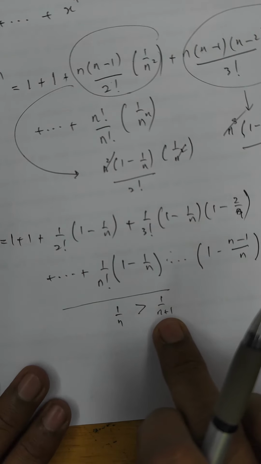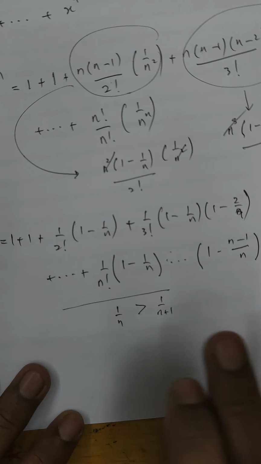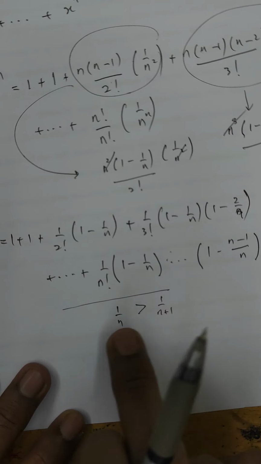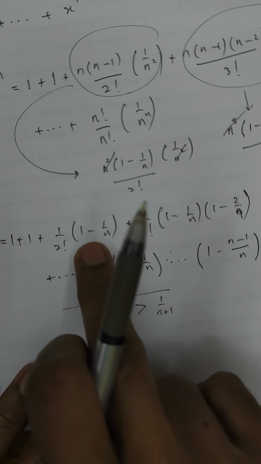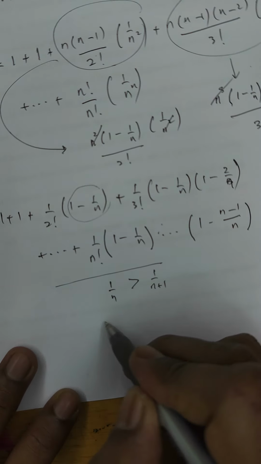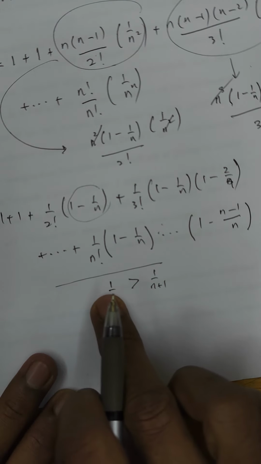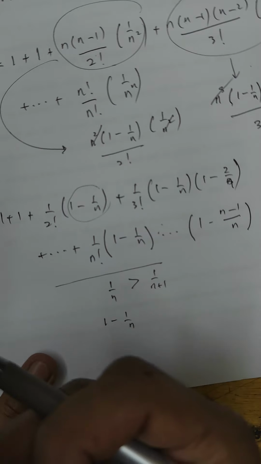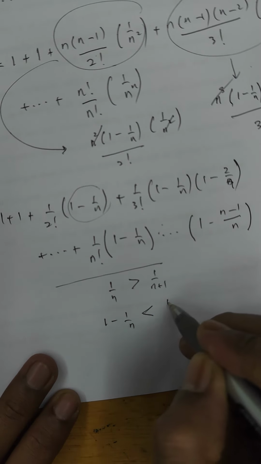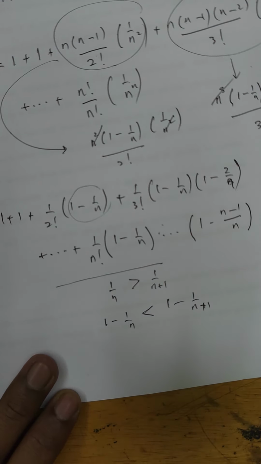Because n plus 1 is greater than n, if you invert that you get this greater than that. Since we want to consider the 1 minus, 1 minus 1 over n is less than 1 minus 1 over n plus 1. This is simple algebra.